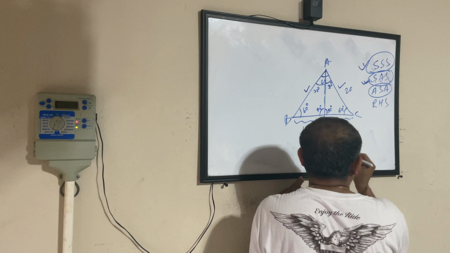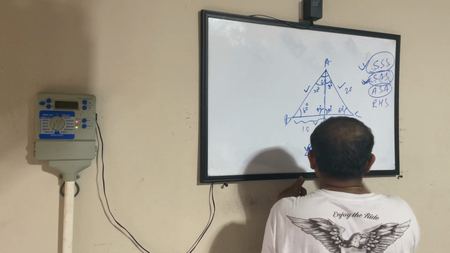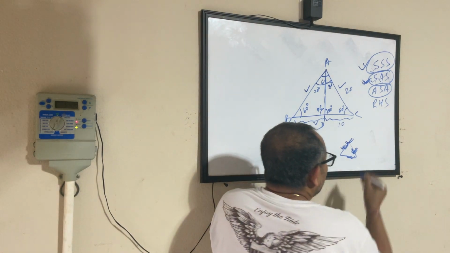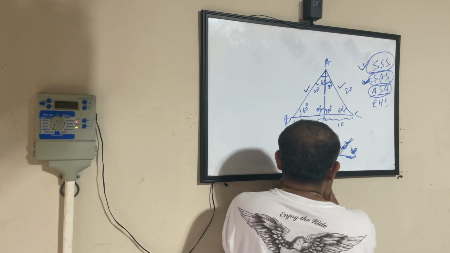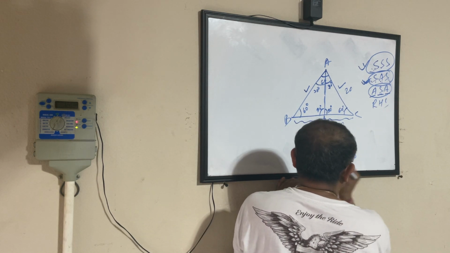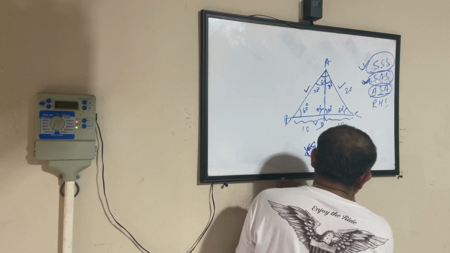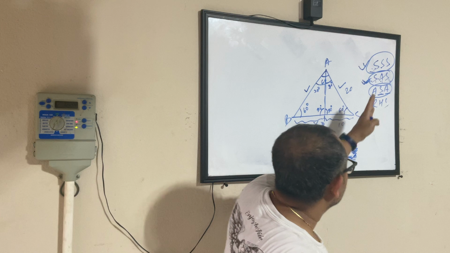SSS, all three sides match, wonderful, they are congruent. Two sides and the angle between them match, they are congruent. We are not looking at everything else. If two angles and the side between them match, meaning let's say this angle and this angle match, this angle and this angle match, and the side between them match, then they are congruent. This is the third theorem.